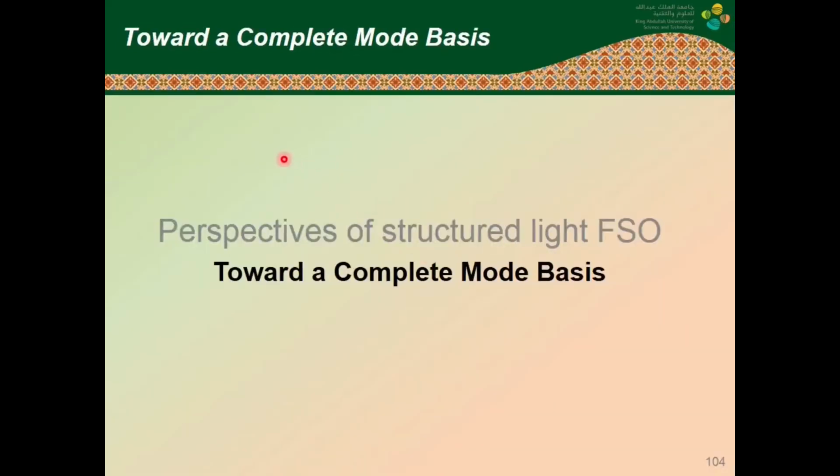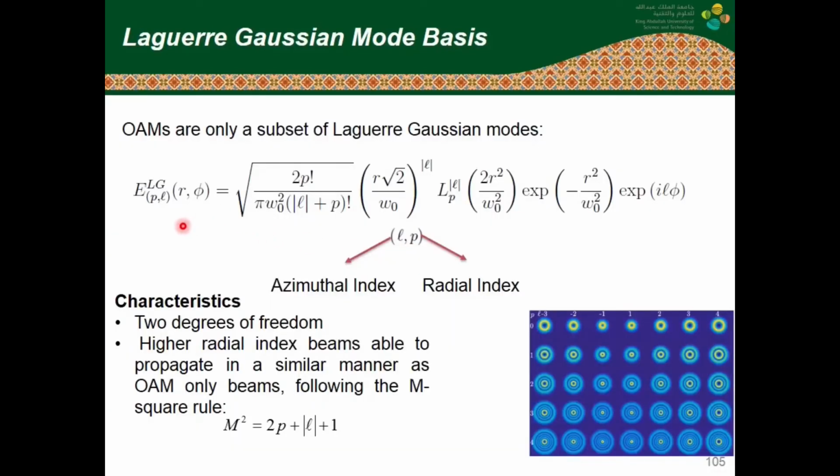One of the negative arguments in the papers questioning OAM is that the use of OAM could be outperformed by any complete mode basis to scale the capacity of a communication system. However, OAM is only a subspace of the full Laguerre-Gaussian mode basis.